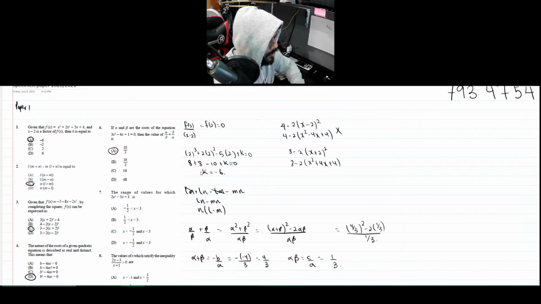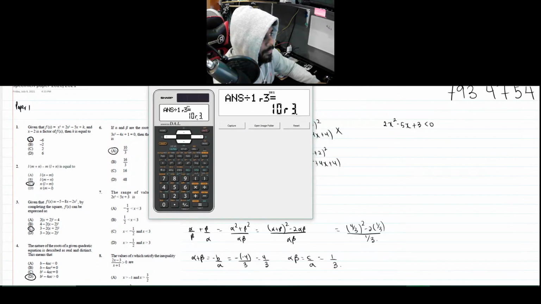The range of values for which so by so is less than so by so, solve it. 2x squared minus 5x plus 3 will be less than 0, putting it equal to 0. For those of you who have this calculator here, it's easy to solve a quadratic if you don't know by now.